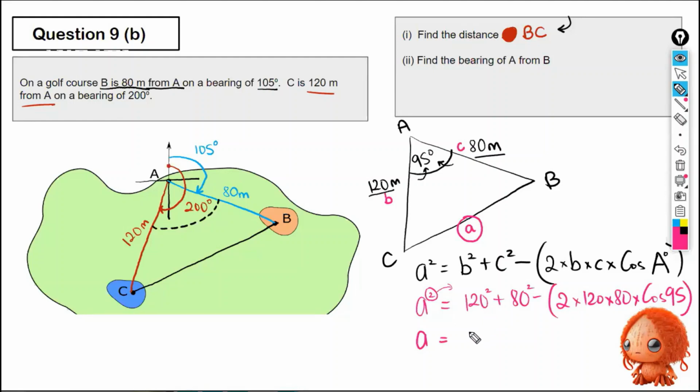I'm getting 22473.39 roughly. And then I have to square root that. When you square root that, you're going to get 149.91 or something. I'm going to 2 decimal places, so I'm keeping it at 149.91. And I can update my diagram here.